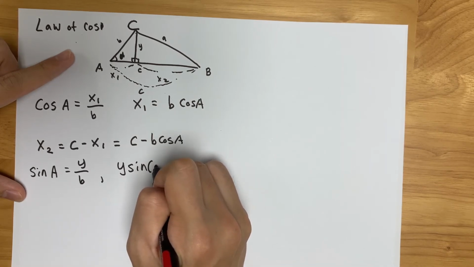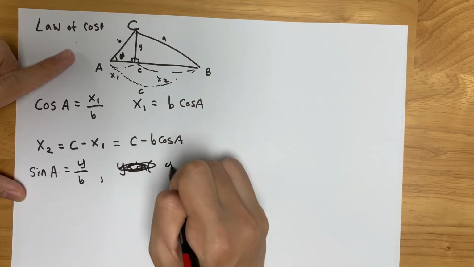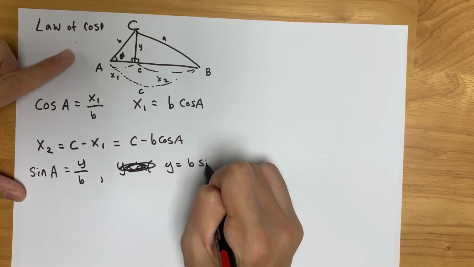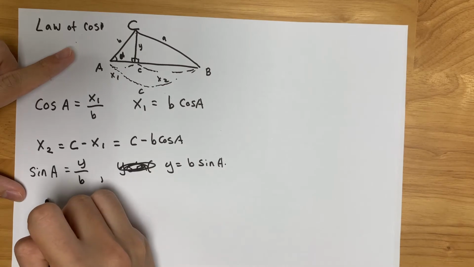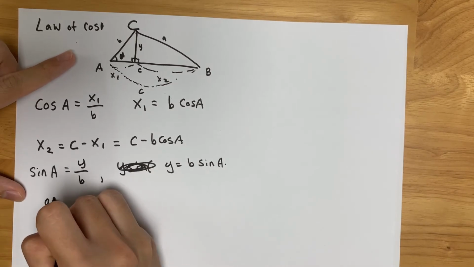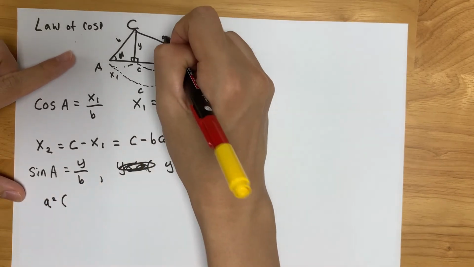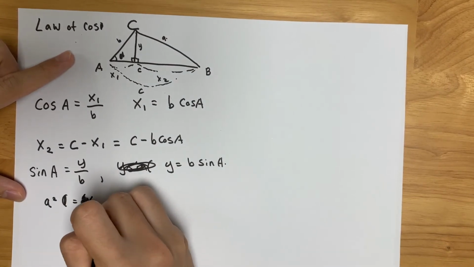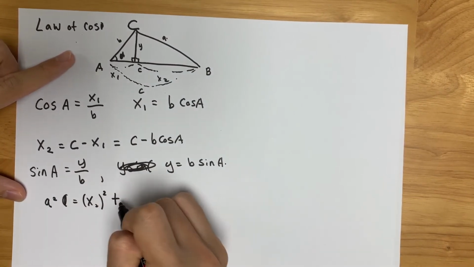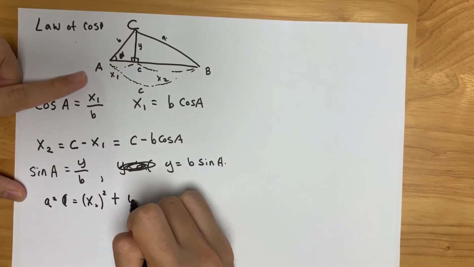Wow, my bad. y is b sine of A. But we know that a squared is equal to x2 squared plus y squared.